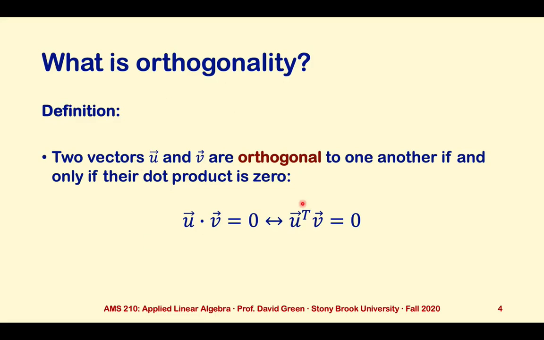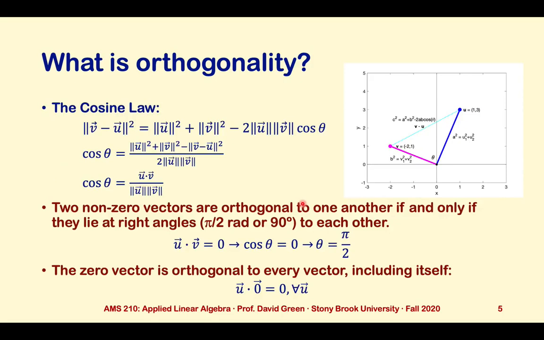This definition of orthogonality of two vectors matches perfectly well onto the geometric concept of orthogonality. If we think about the cosine law, this is a review of material that we saw in Unit 2.